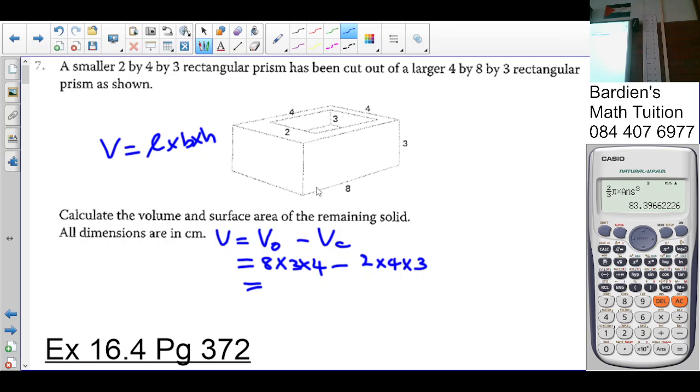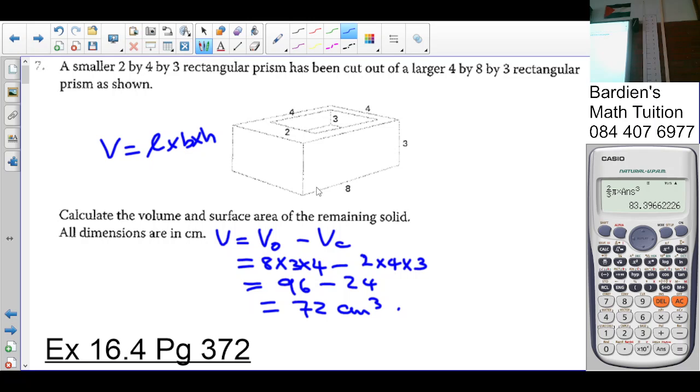Okay, so that gives you 12 times 8 is 96 minus 12 times 2 is 24. Not so? So that gives me an answer of 72 centimeters cubed. You all agree with that? You all okay with that, people?